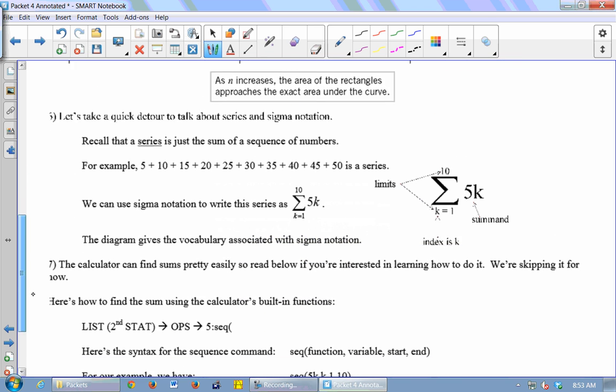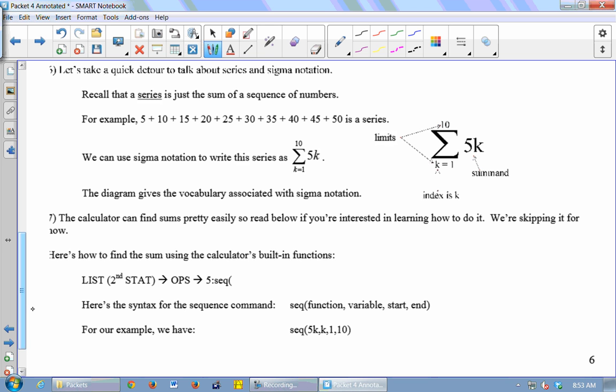Okay, so we're going to take a quick detour. This is all just notation. Sigma notation is just a handy way to write sums if you have a long list of numbers, right? So for example, if I want to add 5 plus 10 plus 15 plus 20 plus 25 plus 30 plus 35 plus 40 plus 45 plus 50, well, you might say, every number in this list is a multiple of 5.